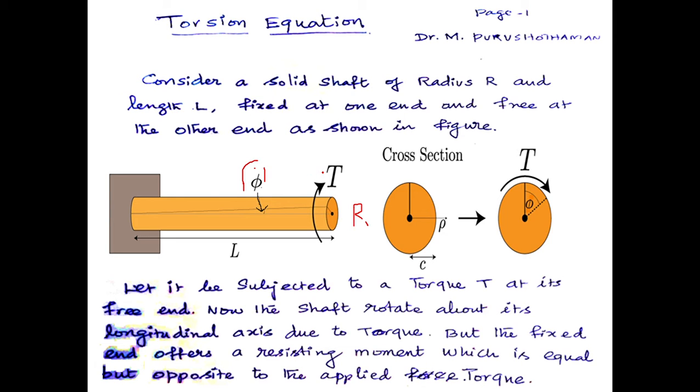As I already told, if there is no clamp or fixed end, it will have free rotation and the torque will not be developed. But here one end is fixed, so it offers a resisting moment, which is equal but opposite to the torque.